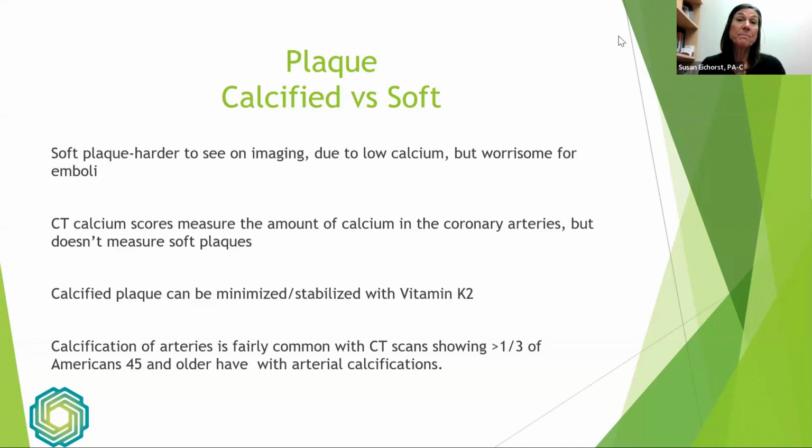Calcified plaque can then be minimized, and preferably stabilized, with the addition of vitamin K2. This has been talked about in other webinars, specifically at the D3K2 webinar. Vitamin K2 is pretty magical in my mind. It has a property where it can actually liberate calcium that has been sequestered or stuck in soft tissue and help get it back into the bloodstream.